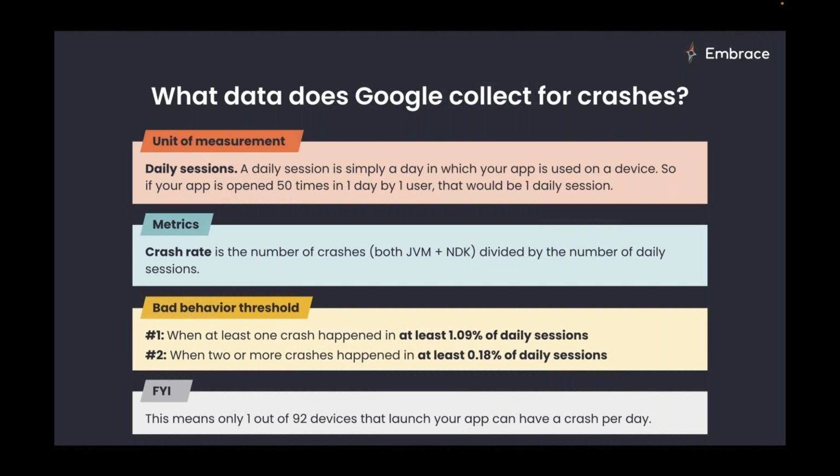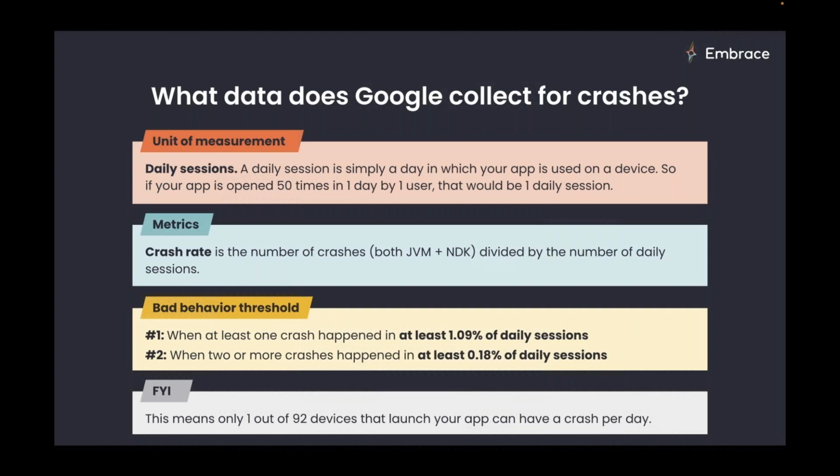There are two thresholds for bad behavior, after which Google will start downranking your app. So the first threshold is when at least one crash happened in 1.09% of daily sessions. So that's around 99% of your users who basically have to be crash-free every day. The second threshold is when two or more crashes happened in 0.18% of daily sessions, which is a lot stricter.